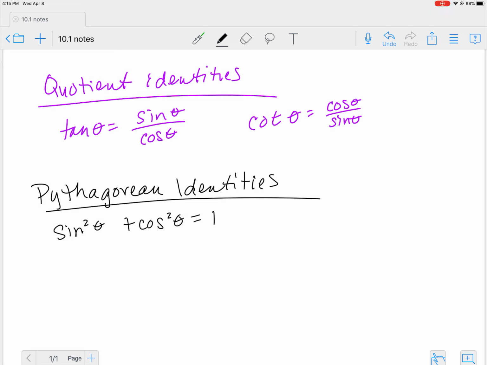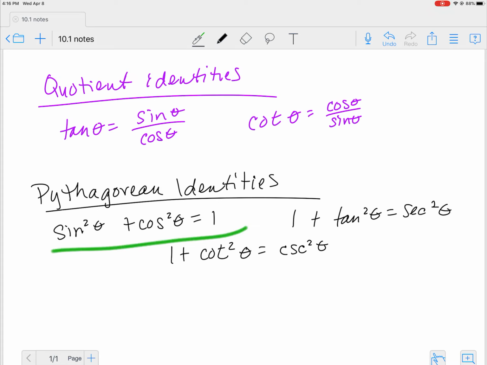Pythagorean identities. I'm going to have sine squared plus cosine squared equals 1. Then we have 1 plus tangent squared is equal to secant squared.